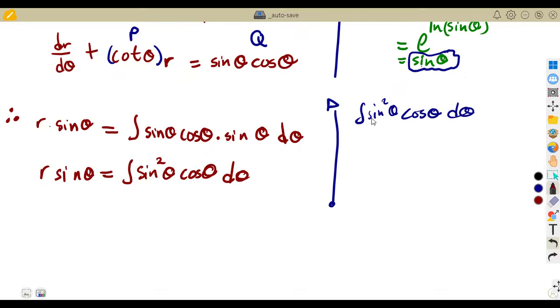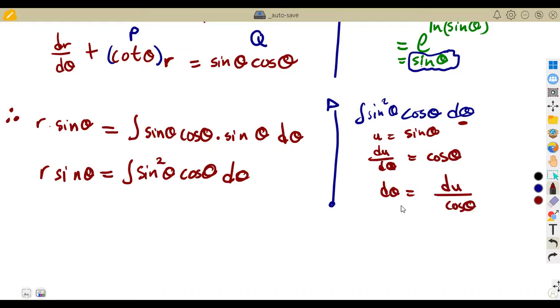If we let u be the sine of theta, it can cancel this cos. So it's possible for it to cancel if u is equal to the sine of theta. So du d theta is cos theta. All right. So make d theta the subject, which is going to be du over the cosine of theta.